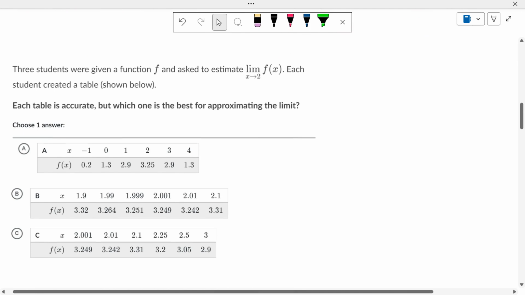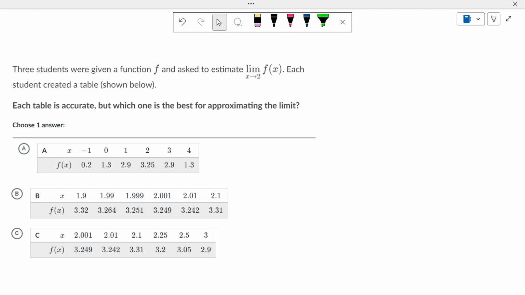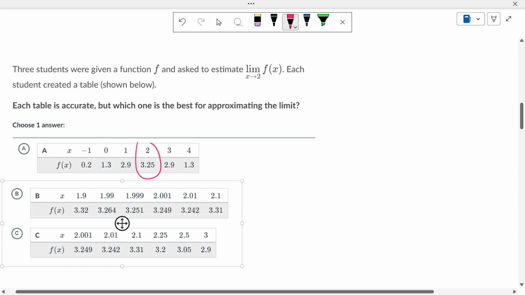Okay. The students were asked which would be the best estimate of the limit of f of x as x approaches 2. Okay? So as x approaches 2. Well, if we look at A, we're approaching 2 here, 2 here. It looks like it could be 3.25.